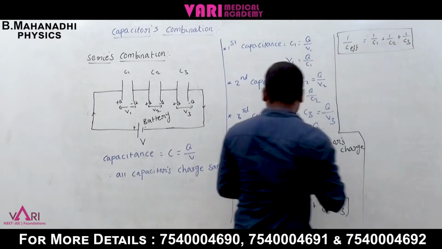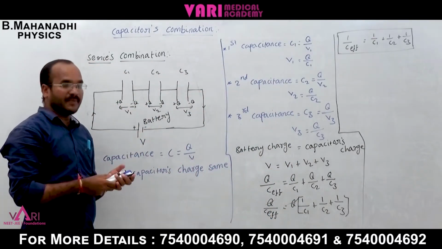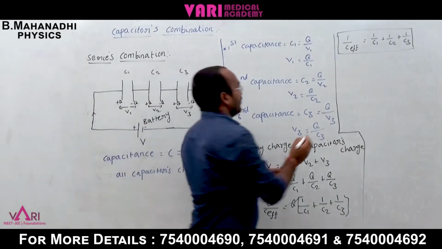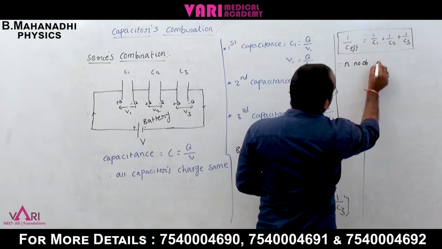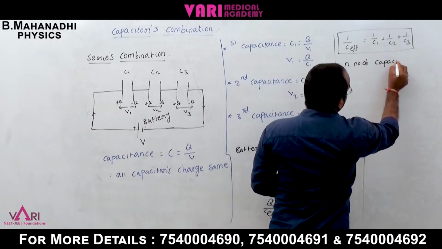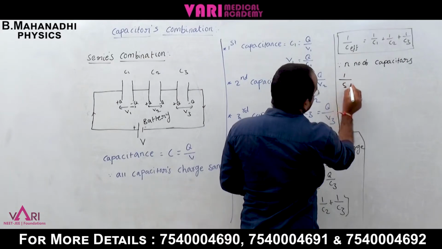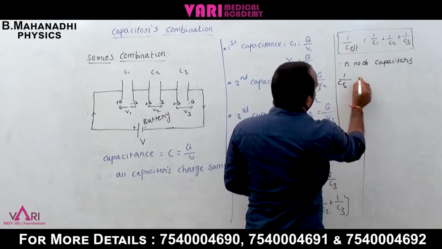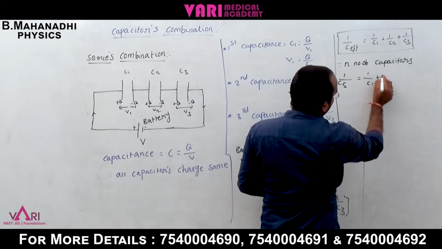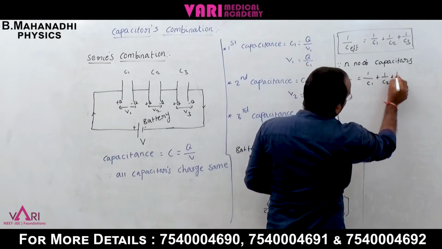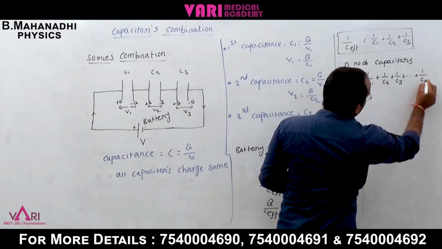Suppose there are n number of capacitors connected in series combination: 1 by Cs is equal to 1 by C1 plus 1 by C2 plus 1 by C3 and so on up to 1 by Cn.